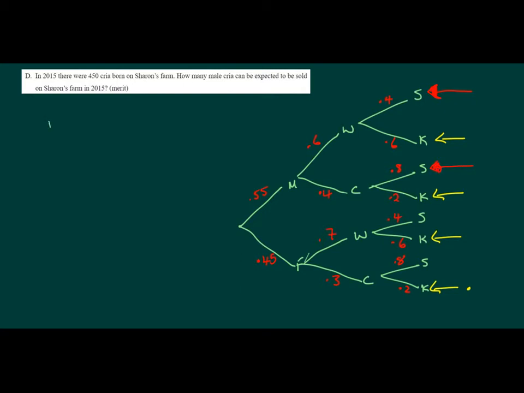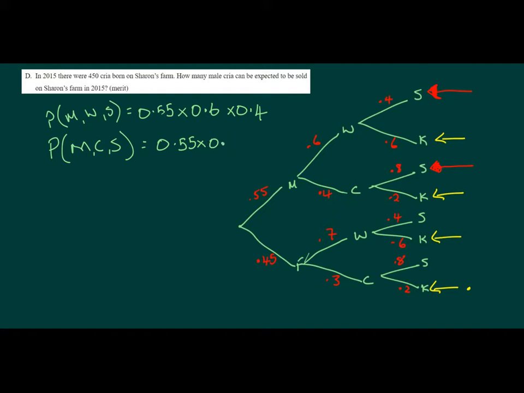So the probability, for example, that it's male, white and sold is equal to 0.55 times 0.6 times 0.4. Okay, and the probability that it is male, coloured and sold is equal to 0.55 times 0.4 times 0.8.